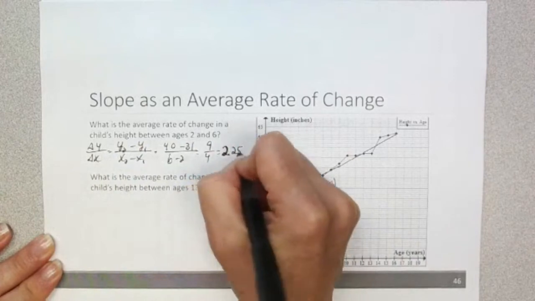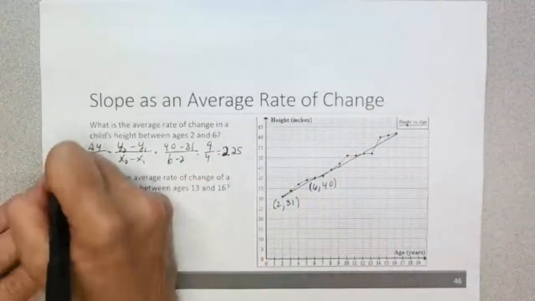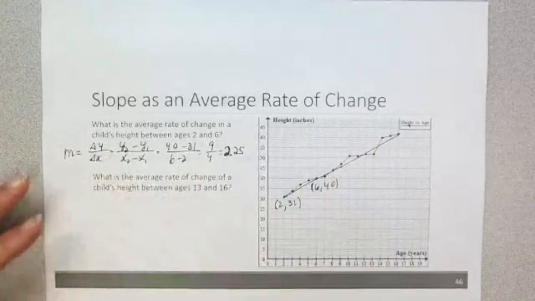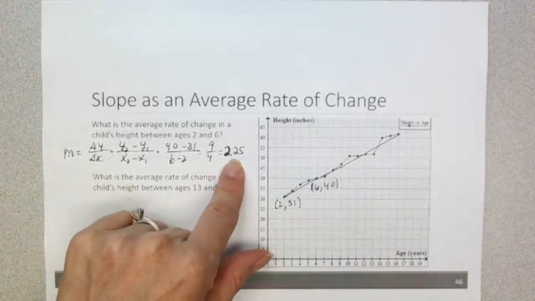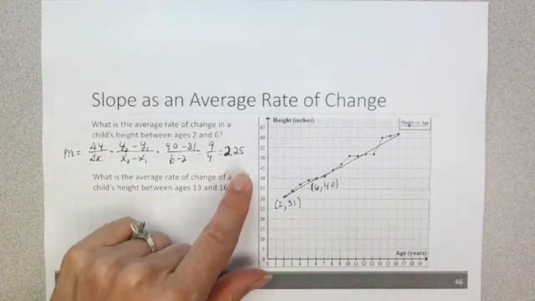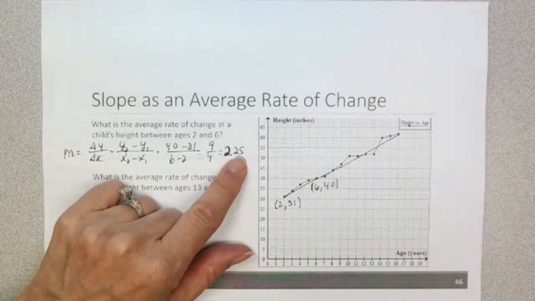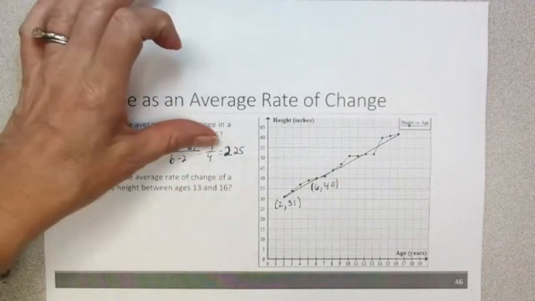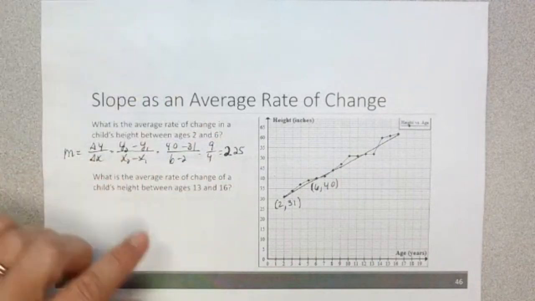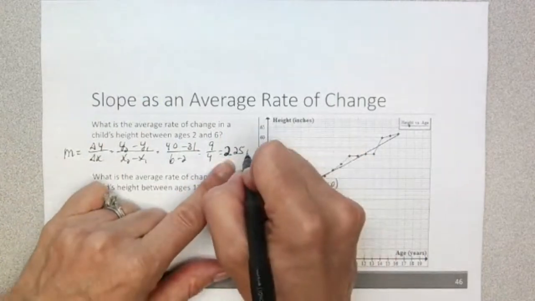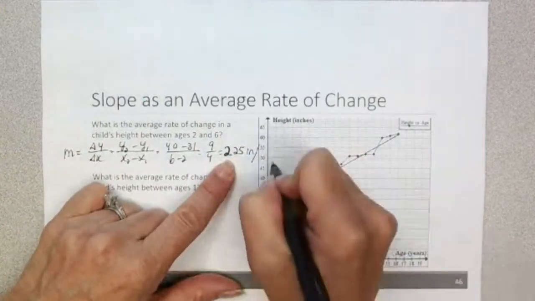Now, what does this mean, though? That's the slope, that's what m is equal to, right? 2.25, but what does it mean? It's an average rate of change. It's 2.25 inches per year.